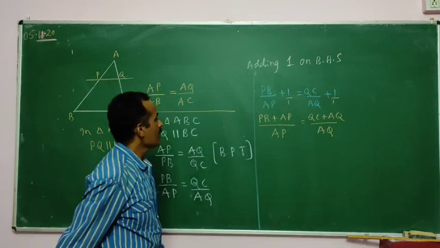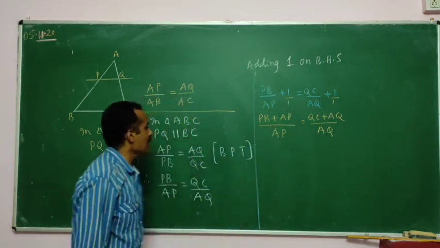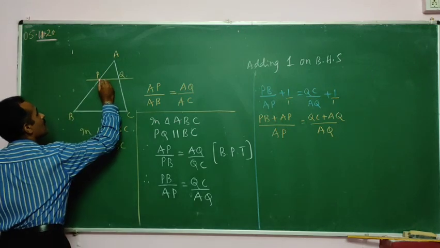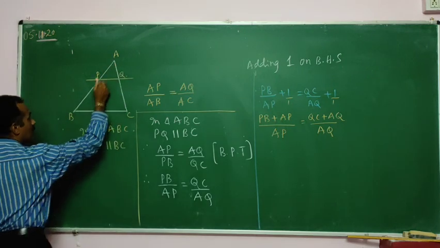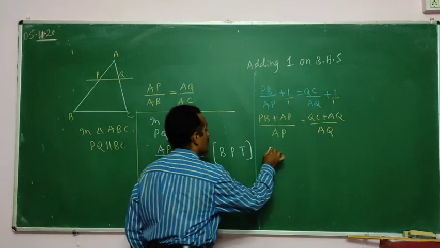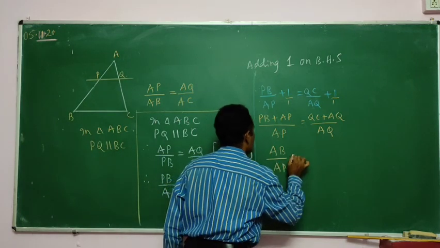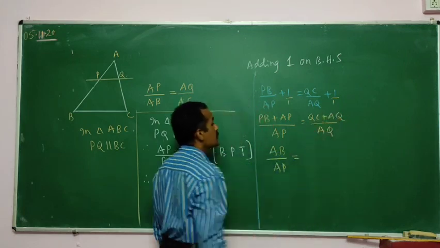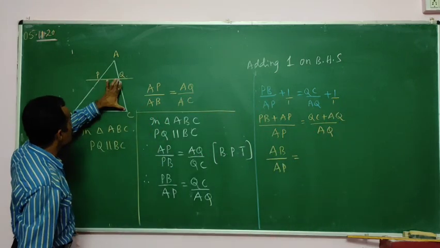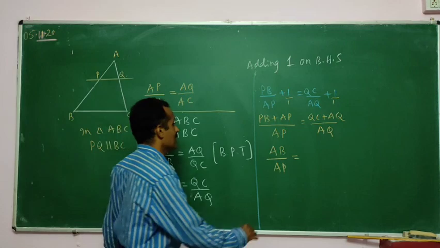What is PB plus AP? PB plus AP together give AB. So AB divided by AP is equal to QC plus AQ divided by AQ, and QC plus AQ gives you AC.